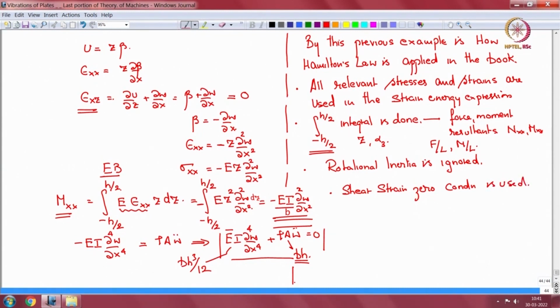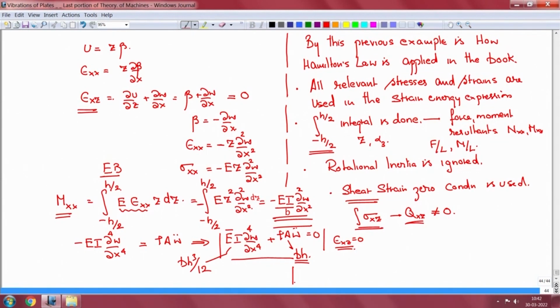So you can see that even though the shear strain is 0, the integrated effect of sigma xz, which is Q_XZ, is not equal to 0. So that is the inconsistency. We finally had Q_XZ, which is the integrated form of shear stress, but we are saying epsilon xz is equal to 0.